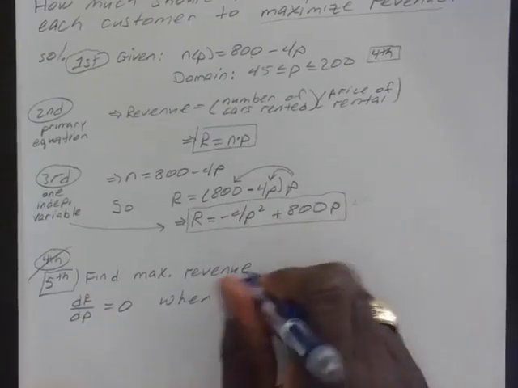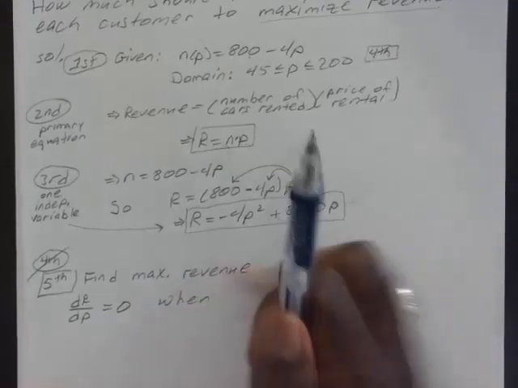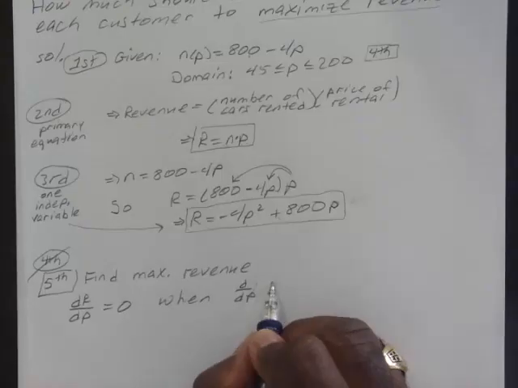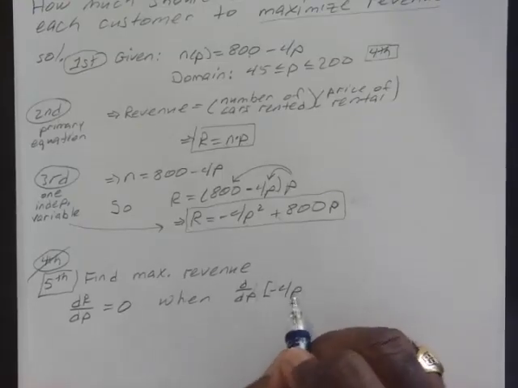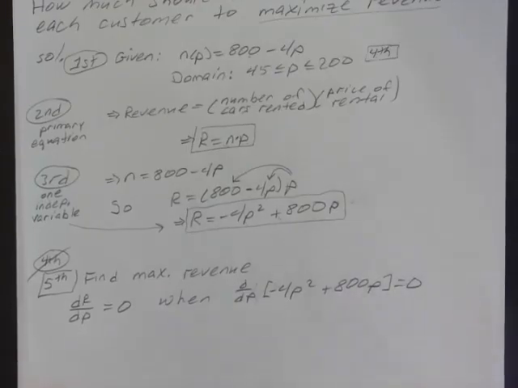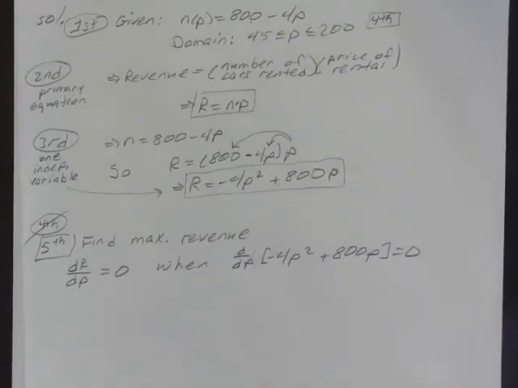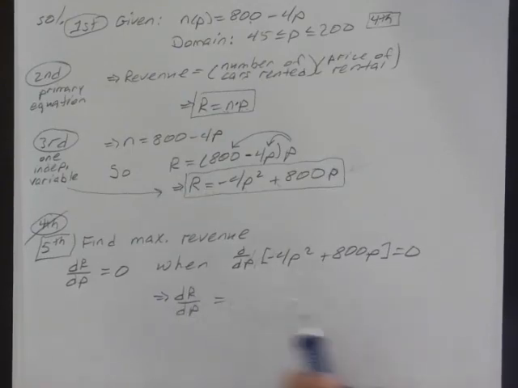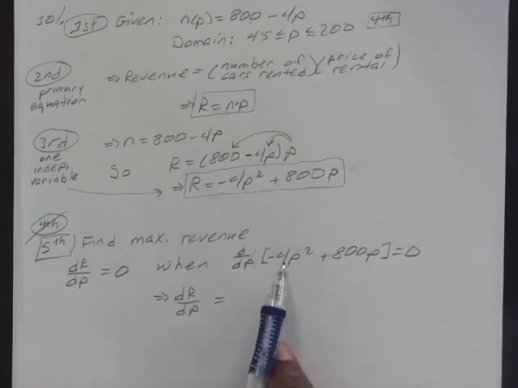Actually, we have to find the derivative of negative 4p squared. The derivative with respect to p of negative 4p squared plus 800p is equal to 0. Okay, so the derivative of R with respect to p is the derivative of negative 4p squared.